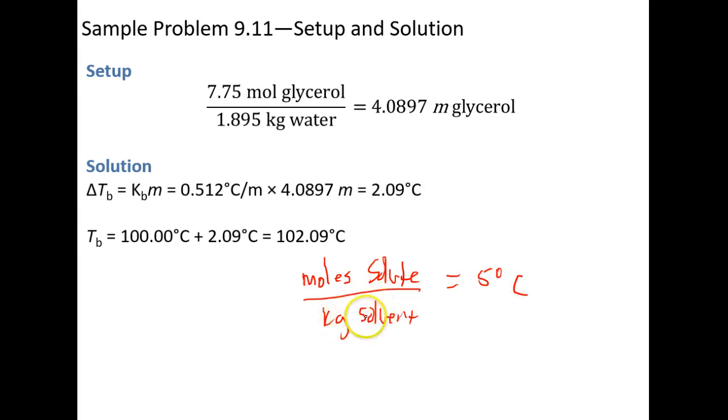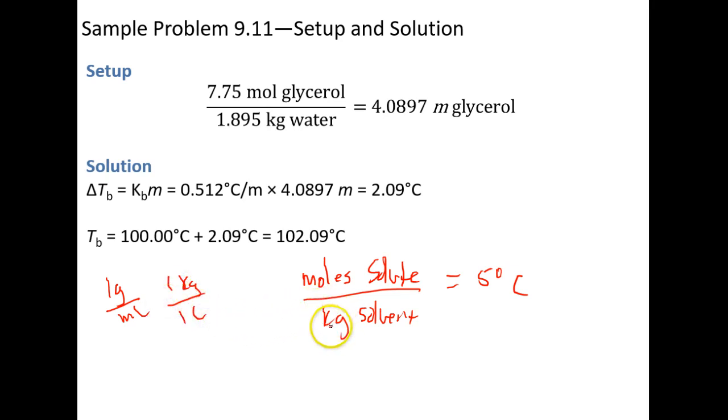So if you have a liter, the density of water is 1 gram per milliliter. Okay, so 1 kilogram is equal to a liter of solvent.